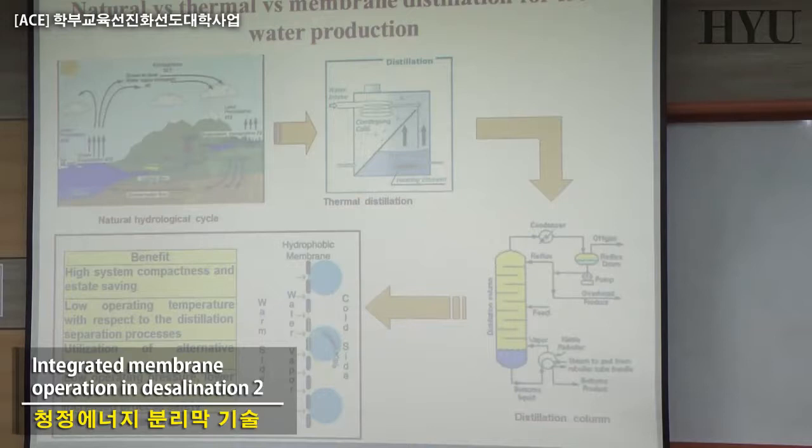In the logic of process intensification, remember that there's nothing more than the traditional natural cycle, where you have evaporation, condensation, and coming back, and that has been happening all around the world for a long time. Engineers made this process a little more sophisticated, initially using traditional distillation.